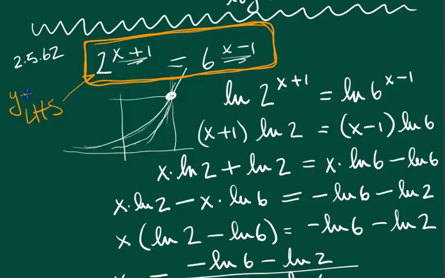So we'll make that y1 in the calculator. We graph the right-hand side, that's y2. And then if they intersect, where they're going to intersect is at the value that we found algebraically.